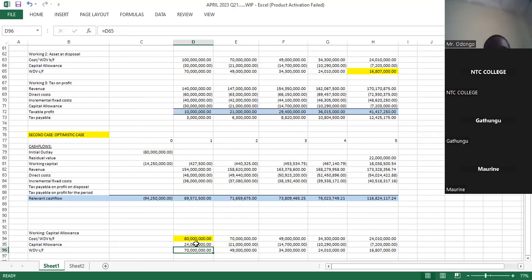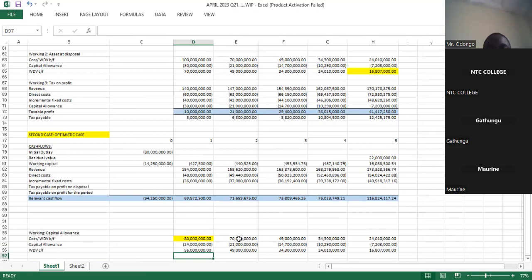That gives us that. And so the carried forward balance will be, allow me to make the capital allowance a negative by putting minus before that cell, so that the carried forward figure is that 80 plus the minus 24. The written down value for period 1 is therefore that 56 million shillings.